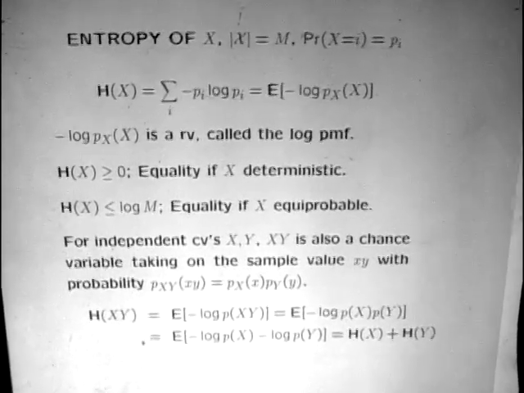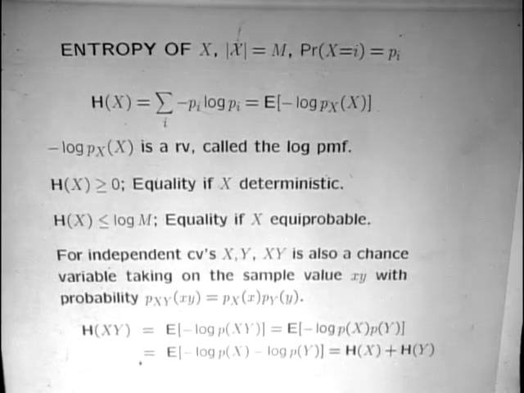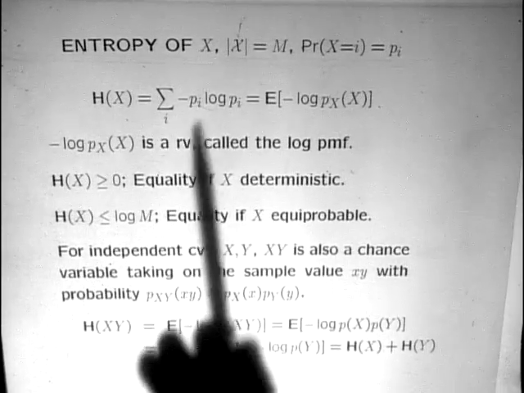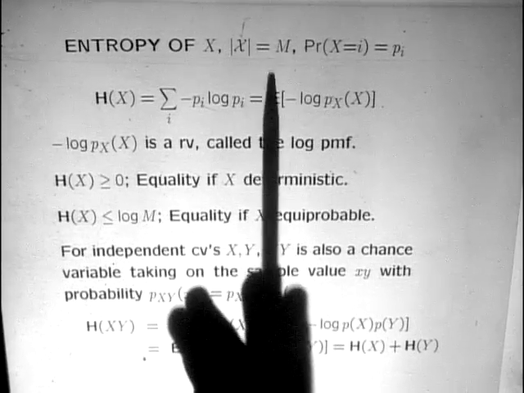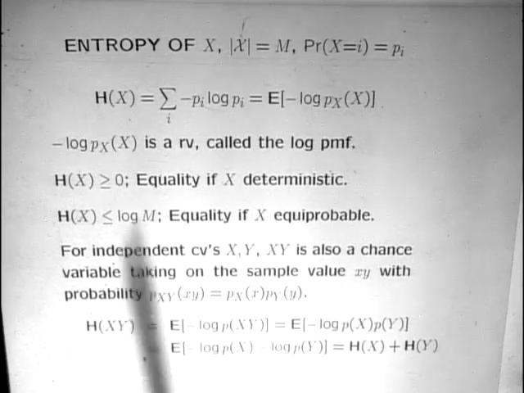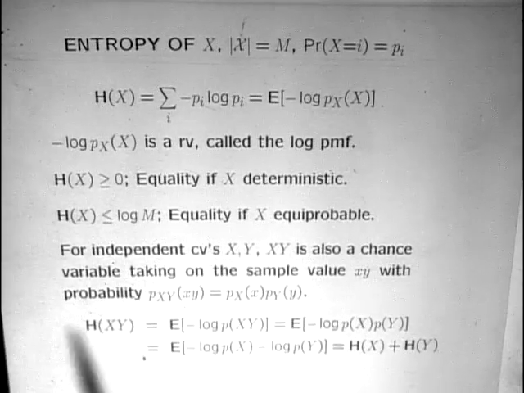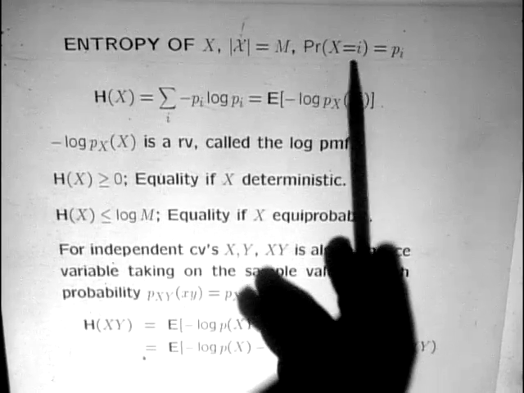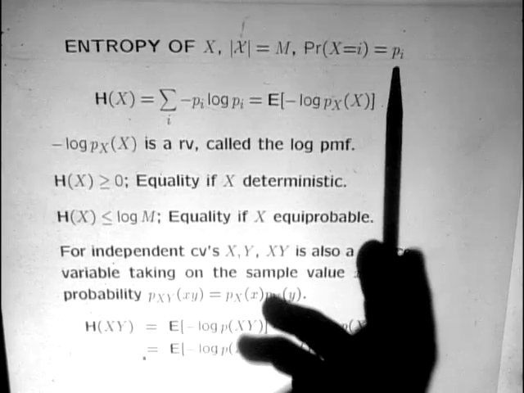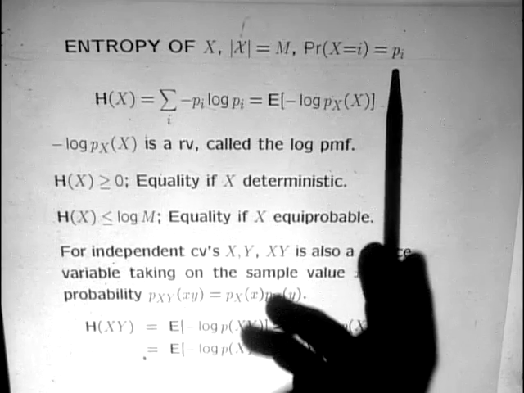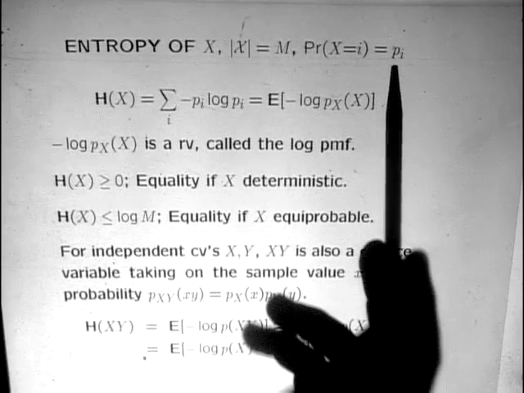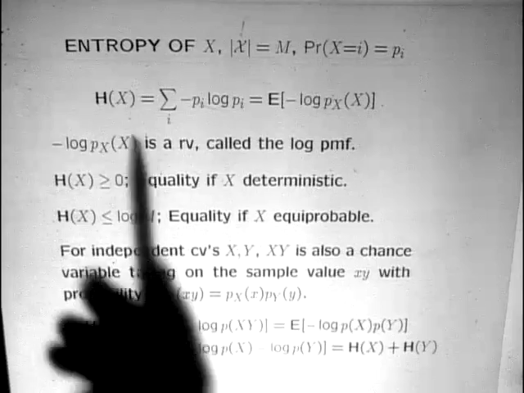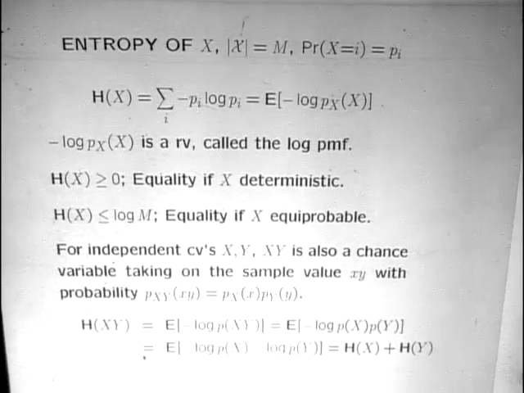Let's talk about entropy just a little bit. If we have an alphabet of size M, which is the symbol we'll usually use for the alphabet X, and the probability that X equals i is p sub i. In other words, we're using this convention that we're going to call the symbols the integers 1 to capital M. Then the entropy is equal to this.